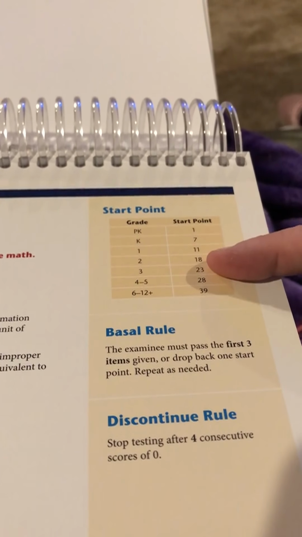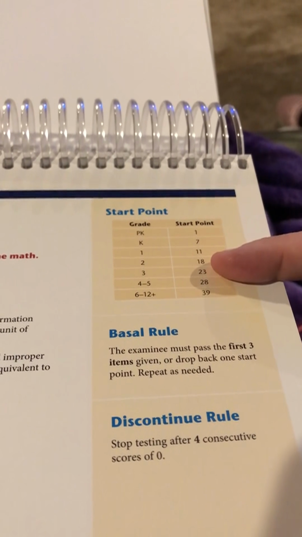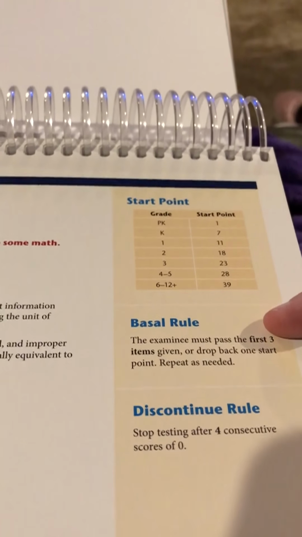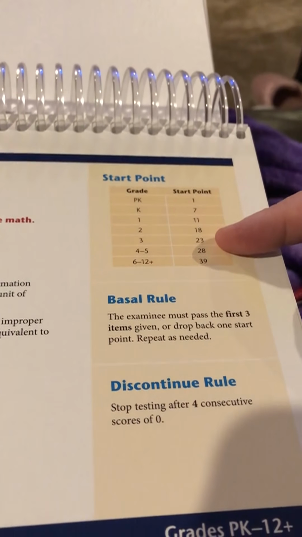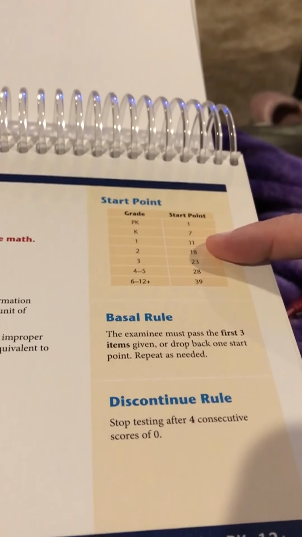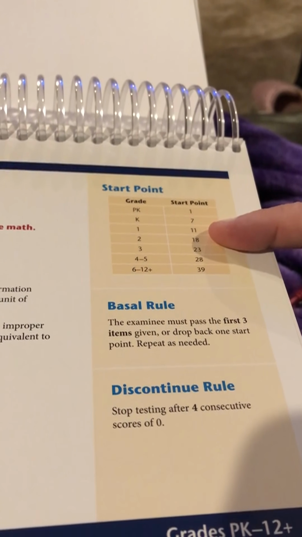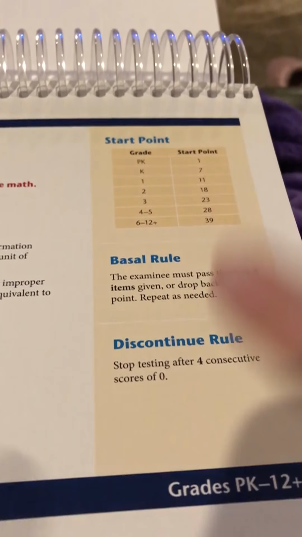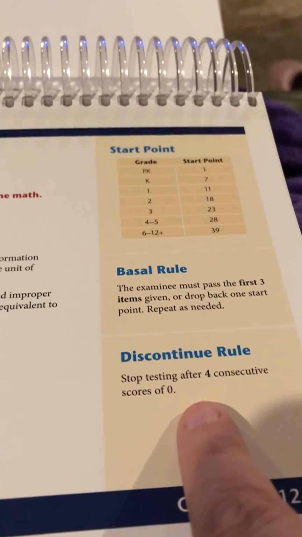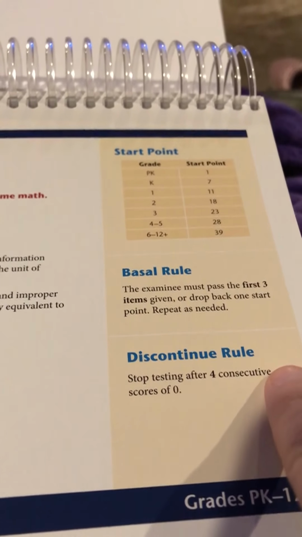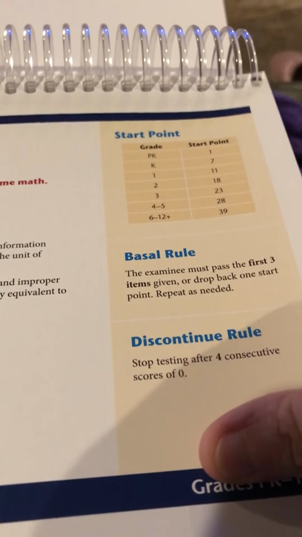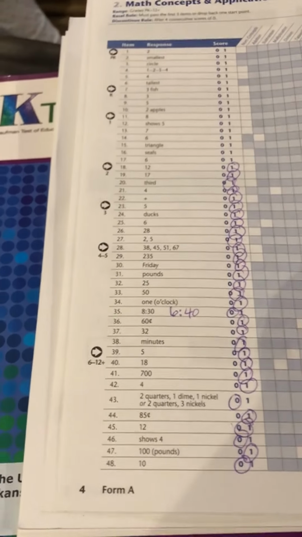So we started with 18. If he did not get 18, 19, and 20 correct, we would have to jump back to the start point for 1st grade. Okay? So very important that you do that. This time, you're going to stop testing after 4 consecutive scores of 0. So we need 4 this time. Okay? And so Hudson did very well on the math part.